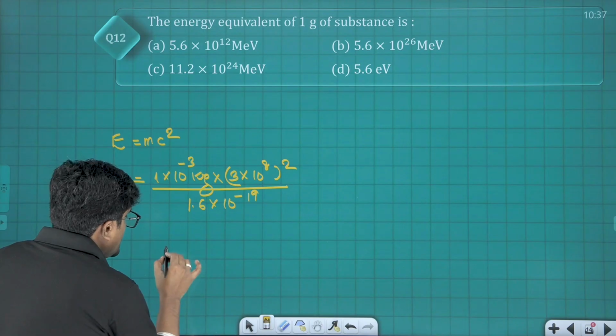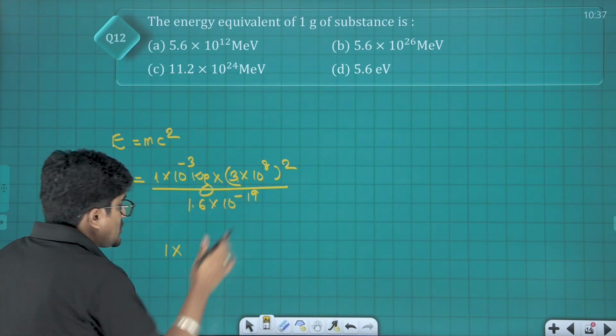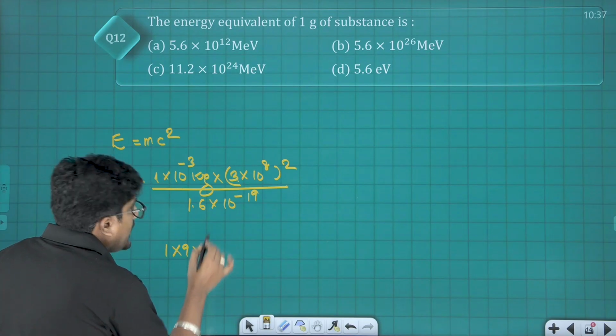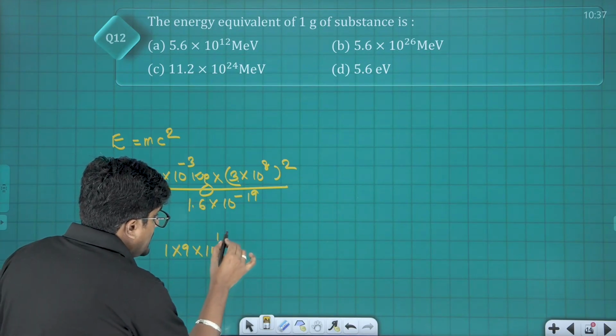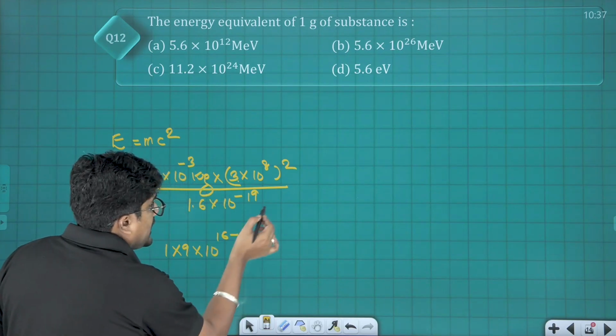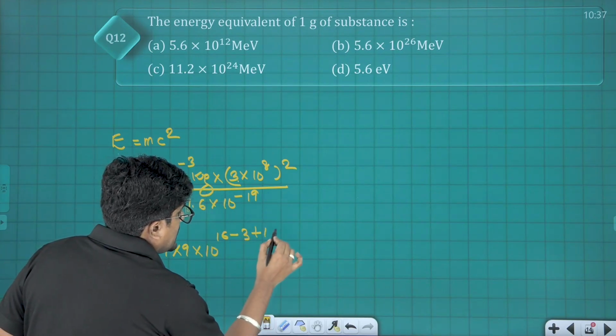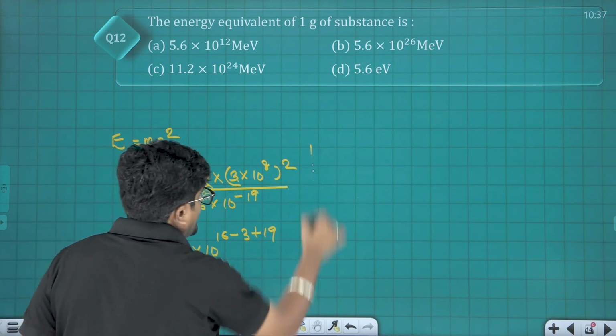So here this is 1 into, let me take this 3 square, that's going to be 9, into 10 to the power 8 square, that's going to be 10 to the power 16. We have got minus 3. Let me take this to the top, that is plus 19, all divided by 1.6.